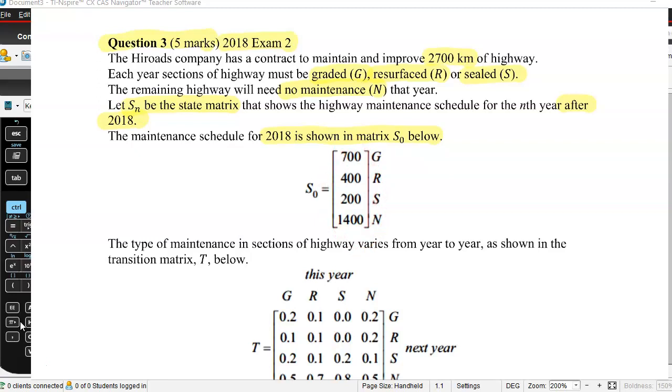Okay, so we can see that in 2018, our initial state, 700 kilometres were graded, 400 were resurfaced, 200 were sealed, and 1,400 had no maintenance.